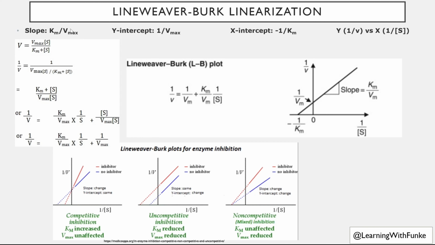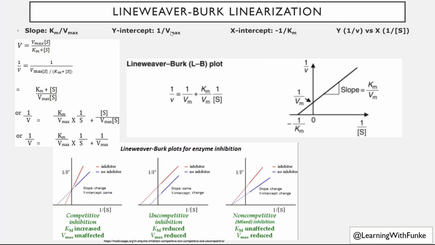So what that means is these two lines, Km over Vmax with no inhibition and Km prime over Vmax prime with inhibition, those slopes will be the same because Km prime over Vmax prime would decrease by the same ratio. So that alpha constant will cancel out. That's why you see similar slopes, and that is indicated by the two parallel lines. You see how the inhibition slope versus the no inhibition slope are kind of parallel to each other. So those slopes will be the same.